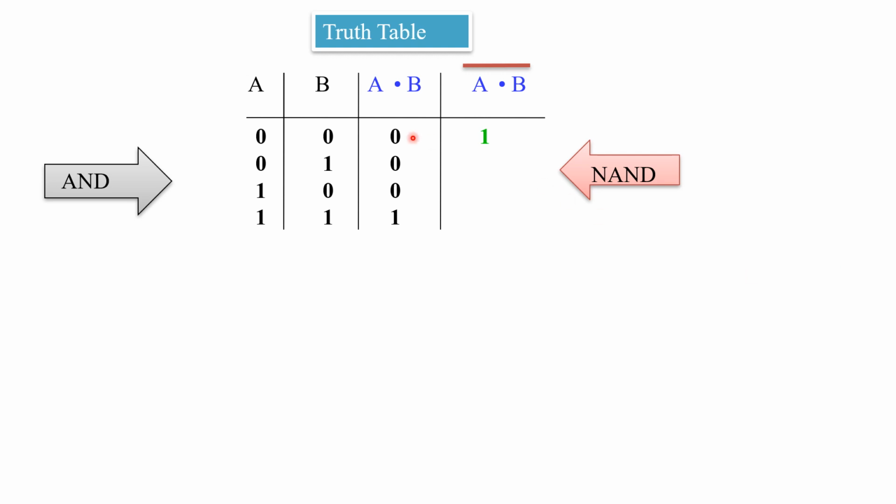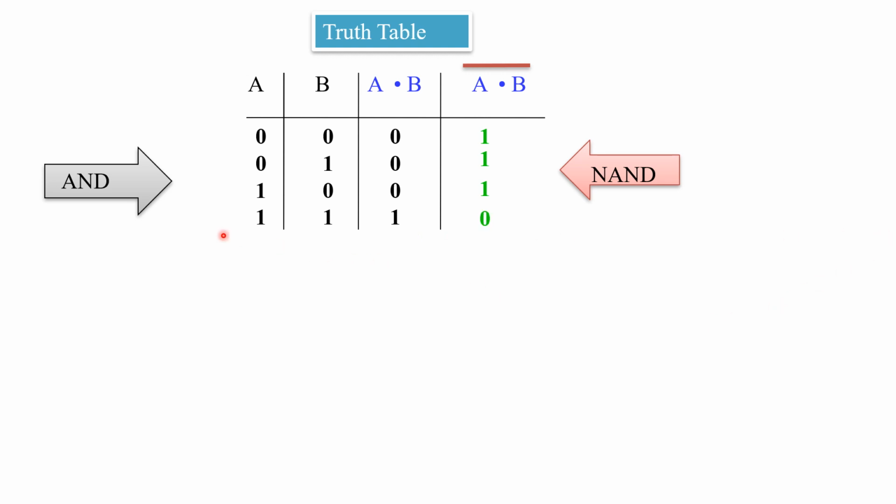When the inputs are 0 and 1, again it is 0 complement, that is 1. The third condition, when A is 1 and B is 0, 0 bar is 1. The last condition, when A is 1 and B is 1, we get 1, and 1 complement is 0.